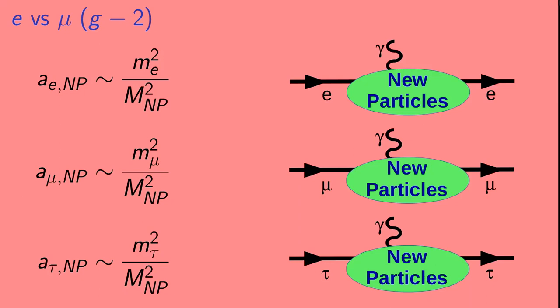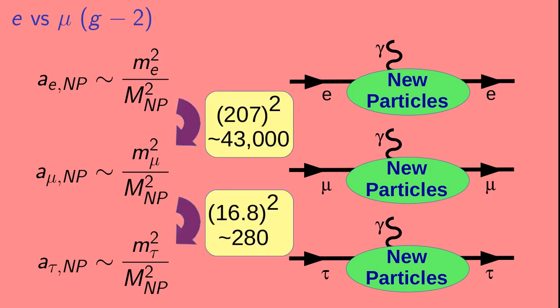Okay, so let's look back at those expected relative sizes of the new physics contributions to AE, A mu, and A tau. So we said that the muon weighs about 207 times the mass of the electron. And we can see that the new physics contribution to A mu is expected to be proportional to m mu squared. And the new physics contribution to AE is expected to be proportional to me squared.